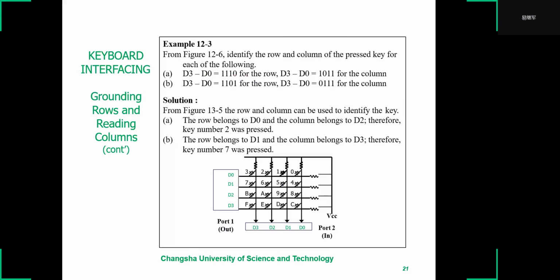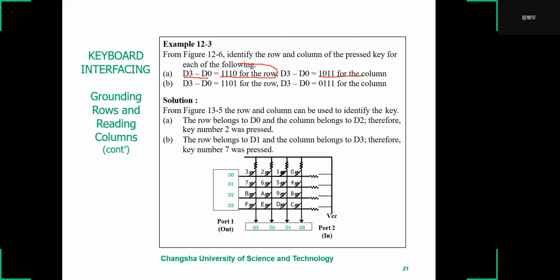This is an example. Identify the row and the column of the pressed key for each of the following. D3 to D0 is 1110 for the row, and 1011 for the column. We can check the solution.